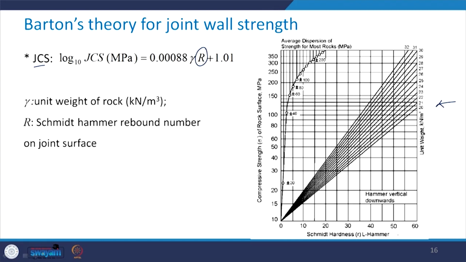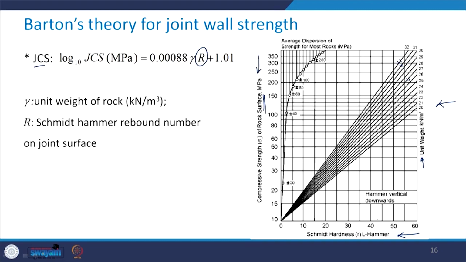Here you have Schmidt hardness for L hammer, and these lines correspond to various values of unit weight, and on this scale you have the compressive strength of the rock surface. This is on a log scale.